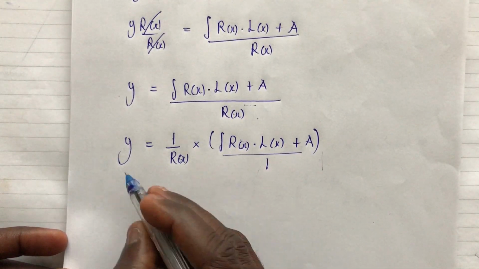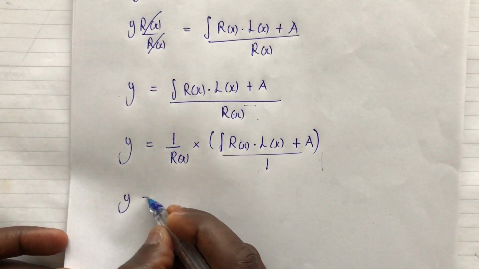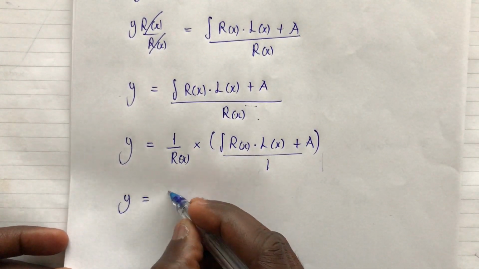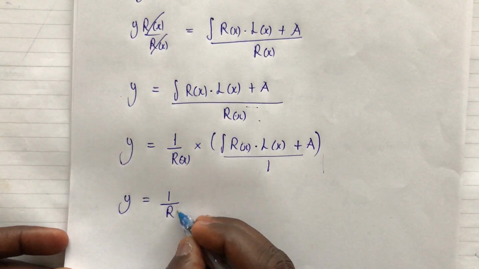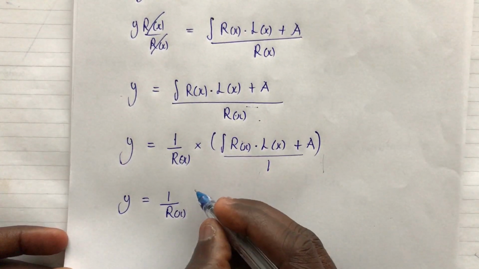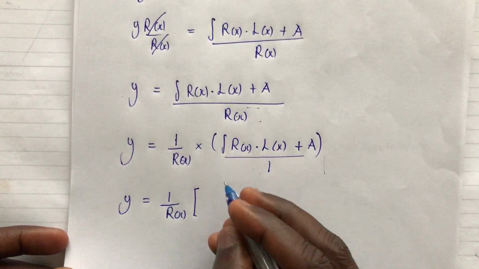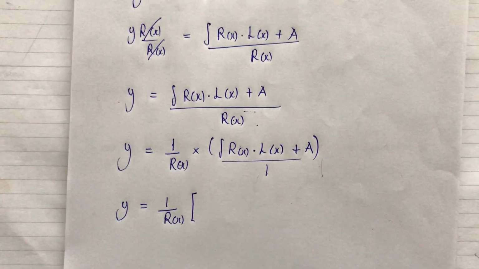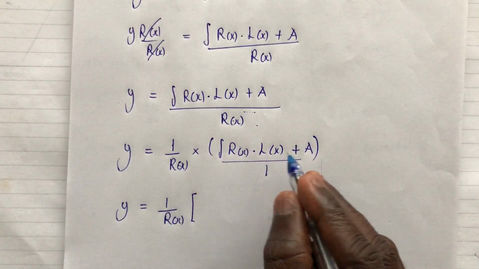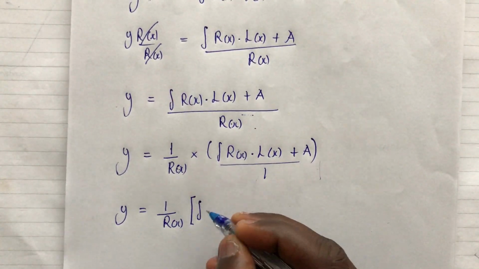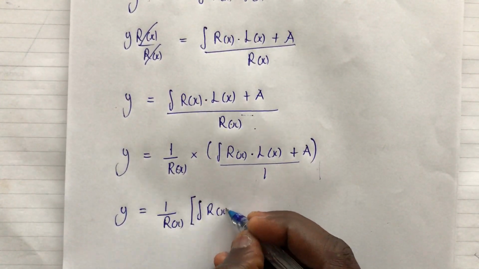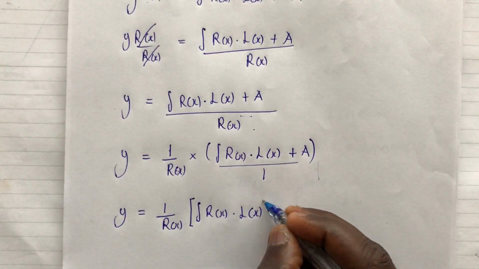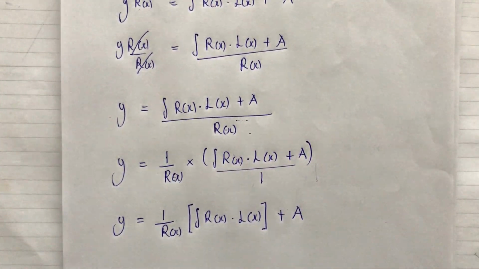So your final answer, you can just ignore this step. There is no need. So your final answer is supposed to be y equals 1 over R of x, and you bring a big square bracket. Then we can repeat. Now we have here integral of R of x times L of x, bracket close, plus the constant of integration.